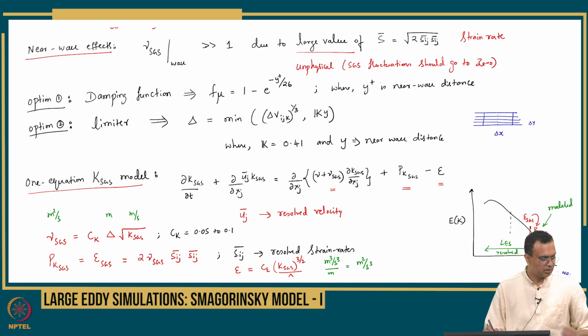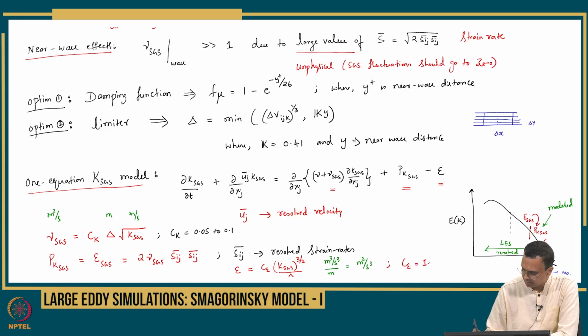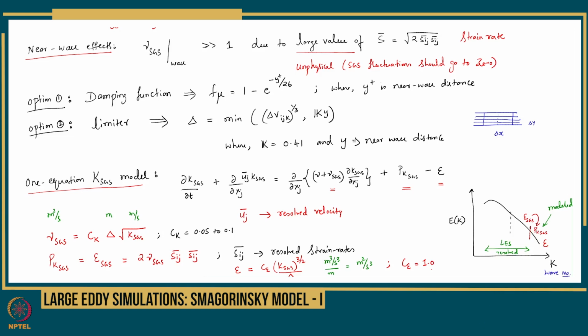And of course C_epsilon is 1 here. So this will complete the Smagorinsky model itself with the combination of one equation k_SGS model.